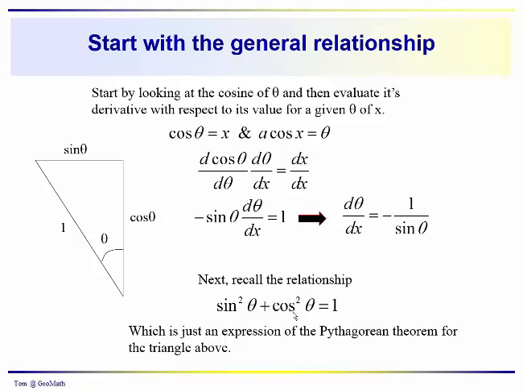So we know that this is true. Think about this for a minute. Pause the video and think about how we can change this expression with a sine in it to one with a cosine in it. And remember that the cosine is equal to x.